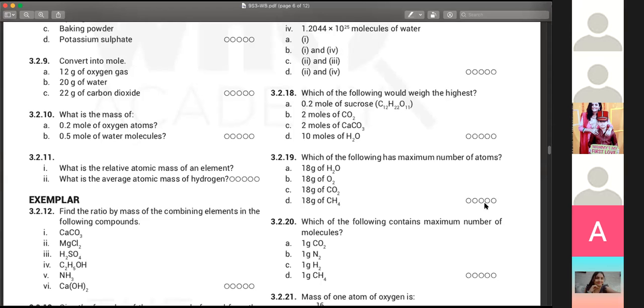Which one are you on, Abhi? Seven. Okay, okay. Do it quickly. Arushi, you're not done with 3.2.9? Arushi Rastogi? Oh, okay, awesome. Cool. Arushi is also done.